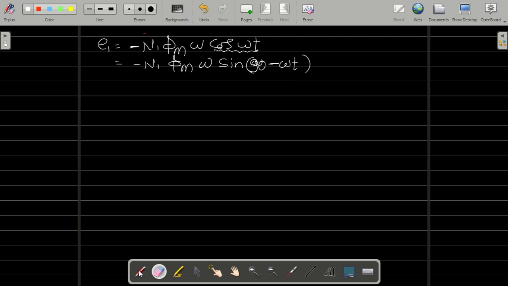Okay, so I'm going to use minus. Now in place of this I want to write omega t minus 90, so what will come?